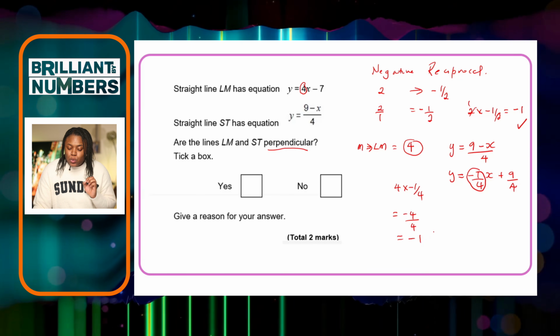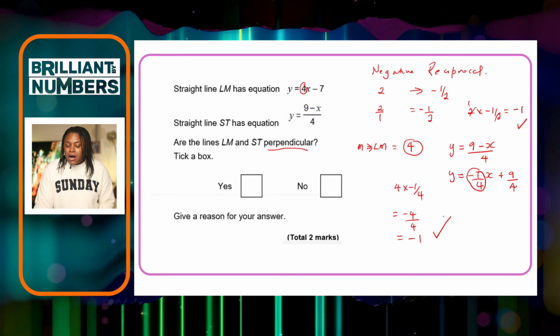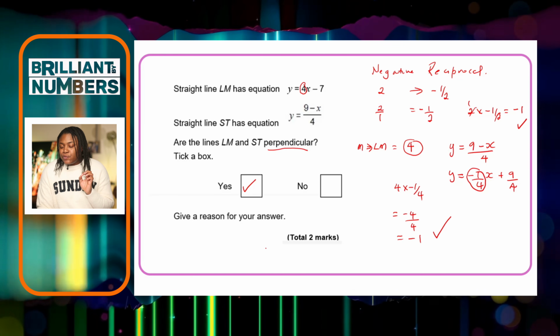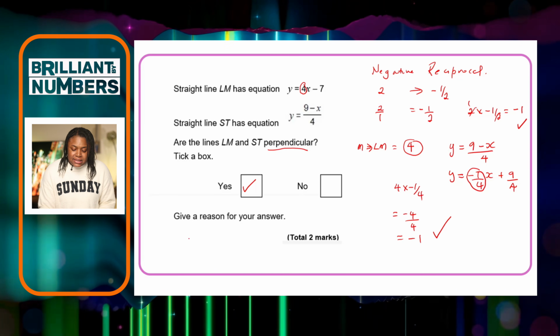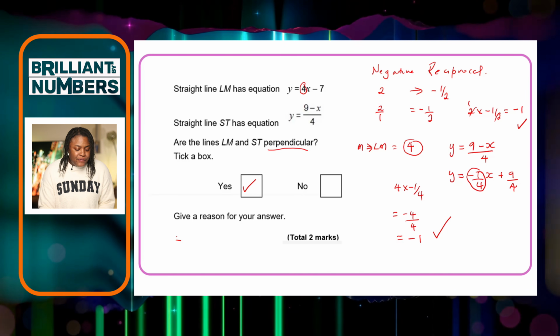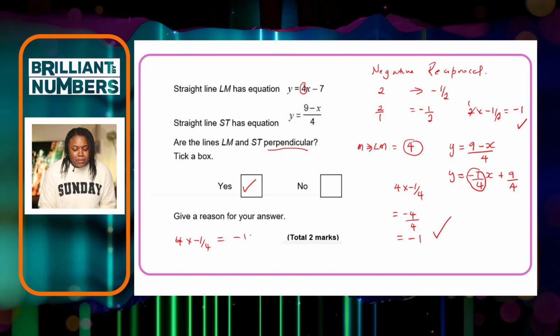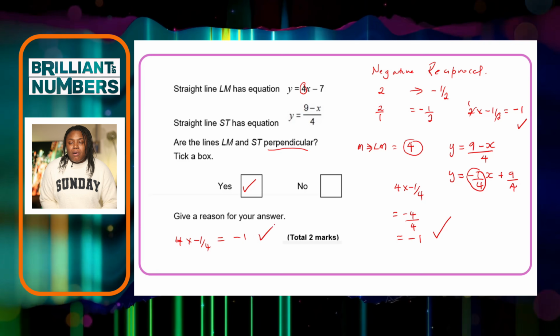So therefore, we are confident they are perpendicular. So we will say yes. Give a reason for your answer. We can simply say 4 times minus 1/4 equals minus 1. Therefore, or we could just write in words, the gradients are the negative reciprocal of each other.